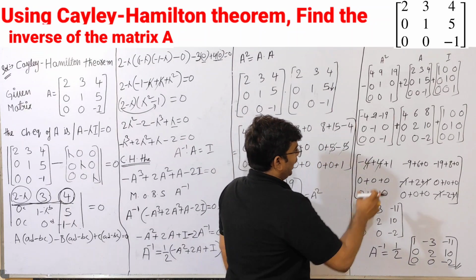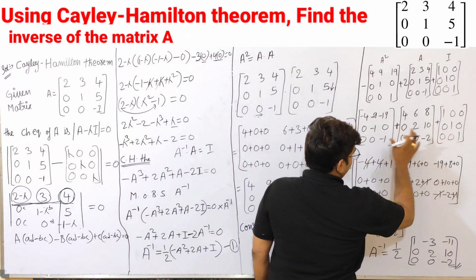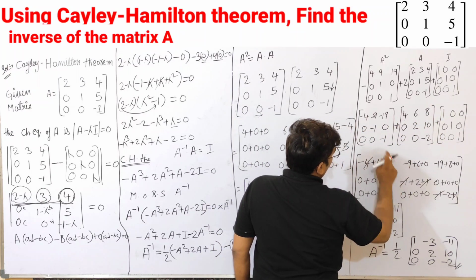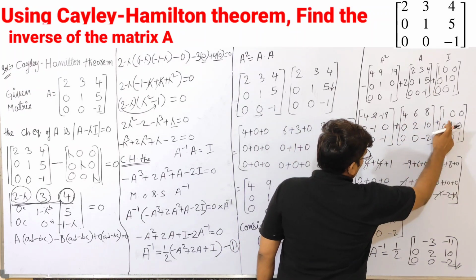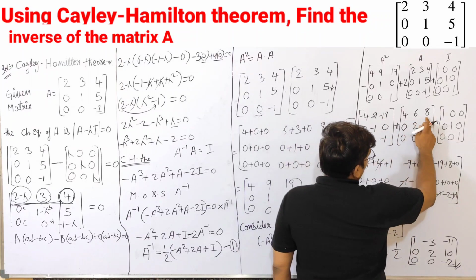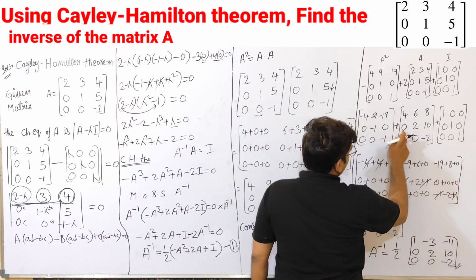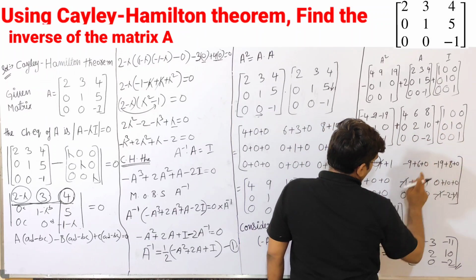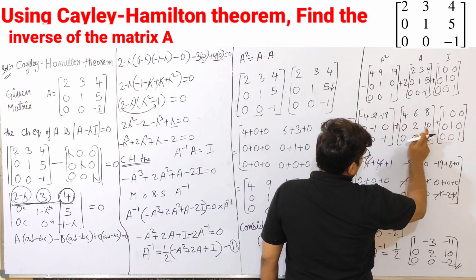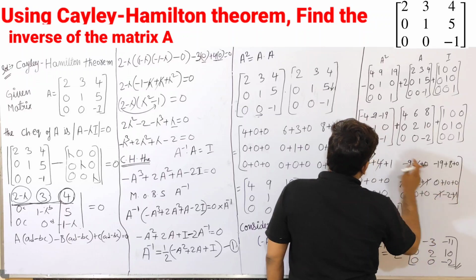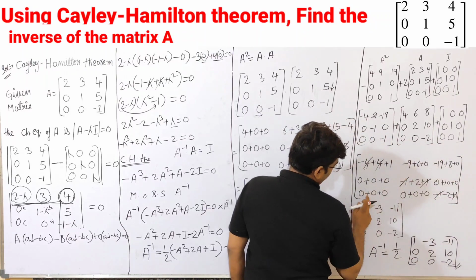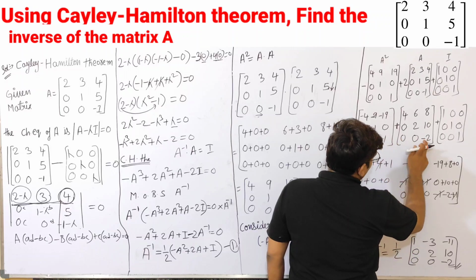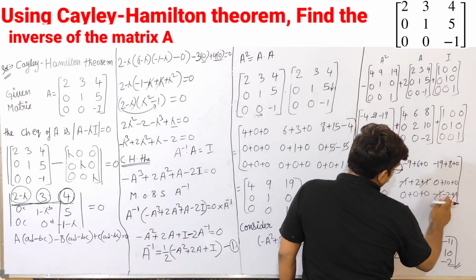After this, add these 3 matrices. So minus 4, 4, 1, minus 9, 6, 0, minus 19, 8, 0, 0, 0, 0. Minus 1, 2, 1, 0, 10, 0, 0, 0, 0, minus 1, minus 2, 1, minus 1, minus 2, 1.